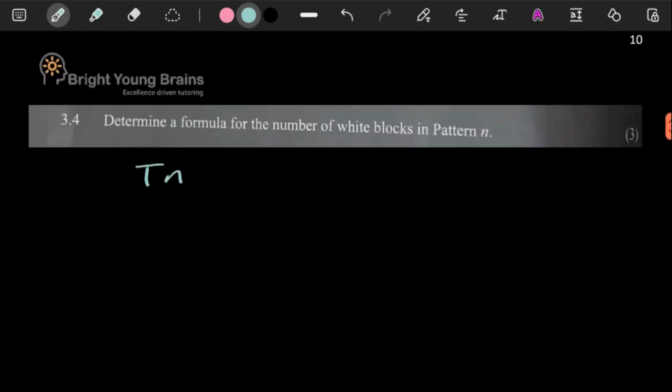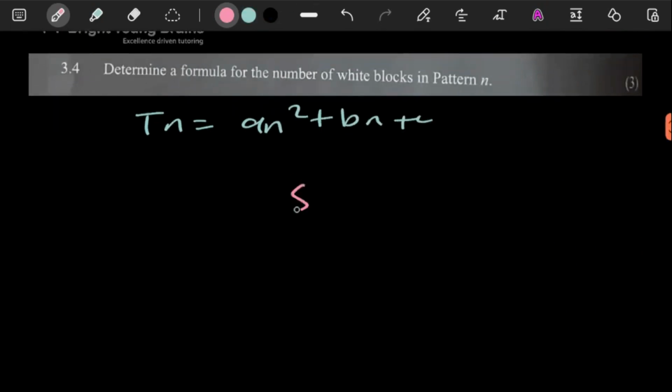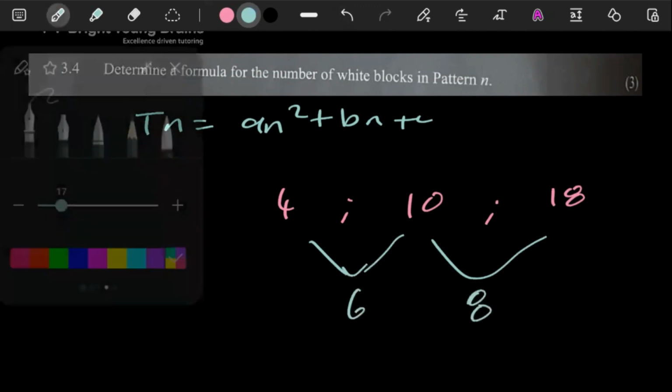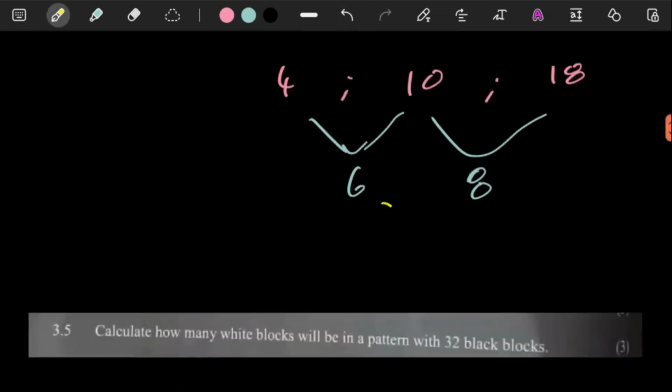So Tn is going to be equal to an squared plus bn plus c. The original sequence looked like 4, 10, 18. The sequence of first differences had 6 and 8, and then the second common difference would have been 2.